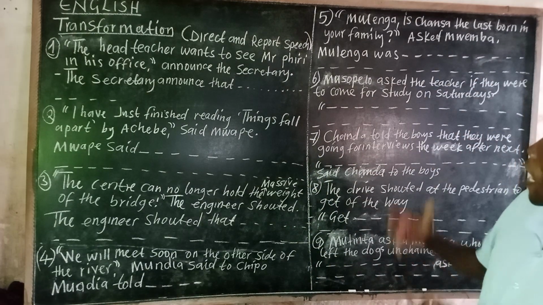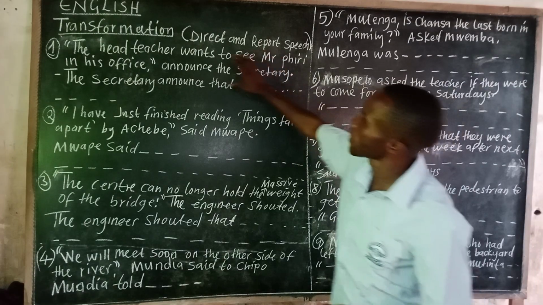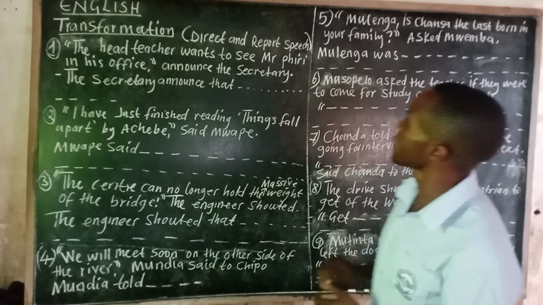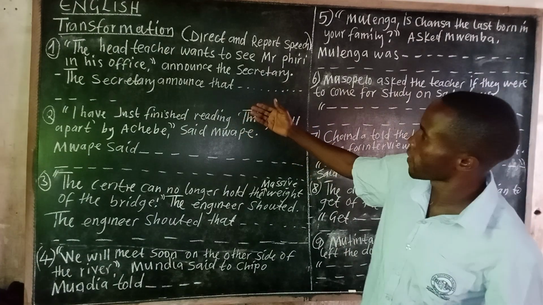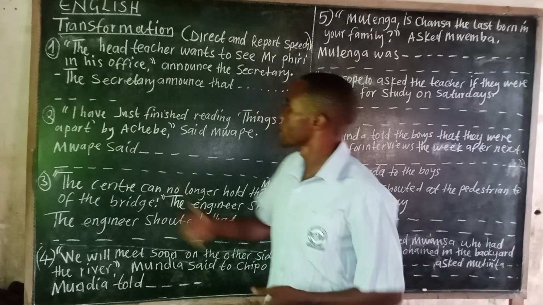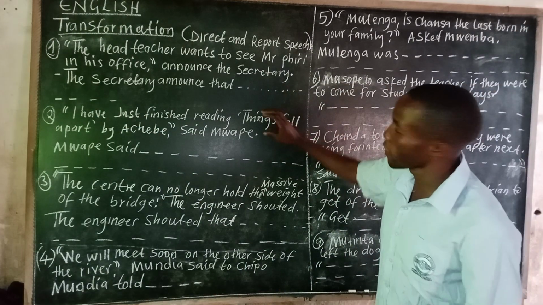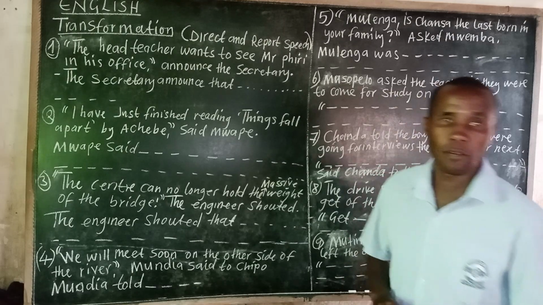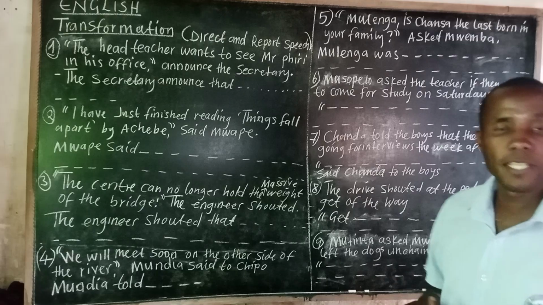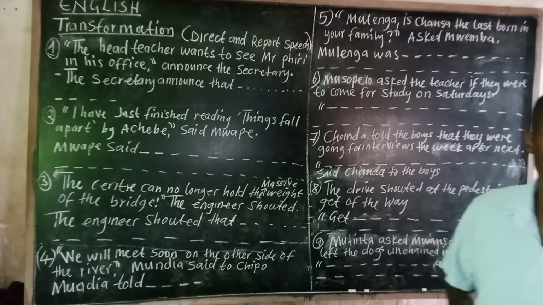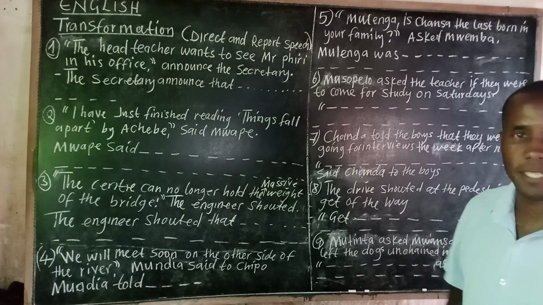Now, how can we transform this sentence? In fact, they have started for us, saying "the secretary announced that," and then we have to finish. The first thing I would like to encourage you is that transformation in English is very important to understand very well, because it carries more marks.